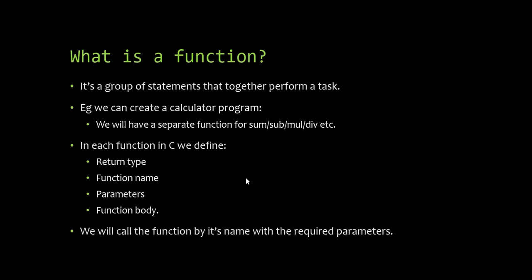And function name is simply the function name like sum, and parameters are the values that we supply to the function, and the function body is nothing but the statements that get executed. And we will call the function by its name with the required parameter.